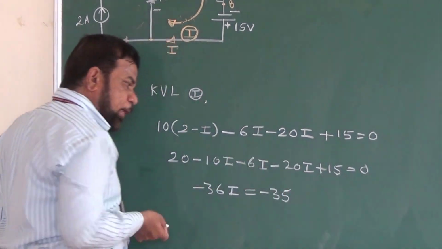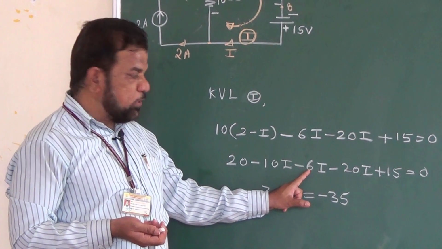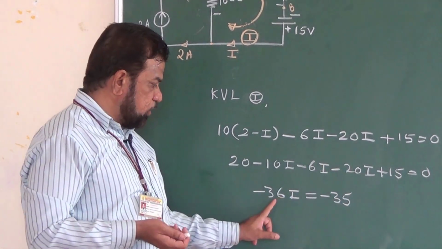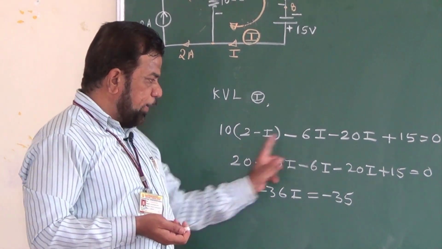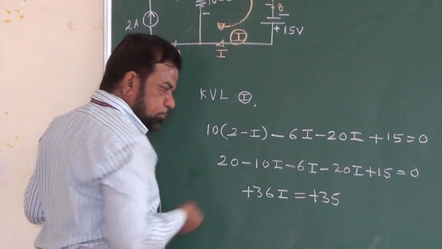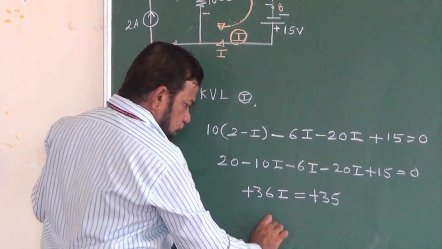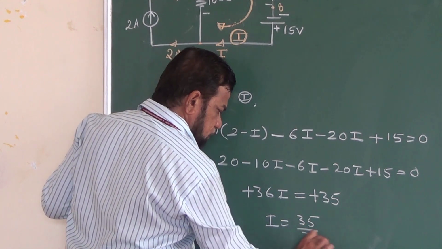So minus 35. So let us check one more time. 10 plus 6, 16 plus 20, 36. So with the negative sign, minus 36I, that is equal to 20 and 15, that is minus 35. So you can get it like this. So your I is equal to 35 by 36 ampere.